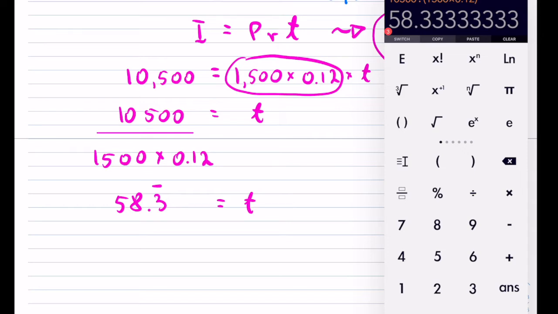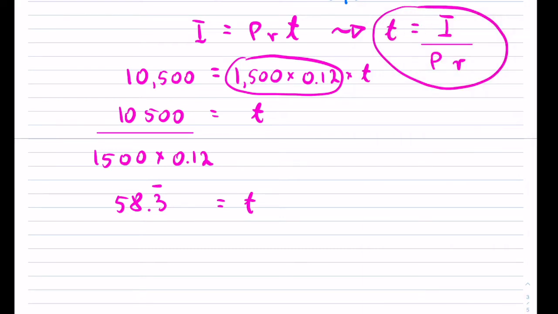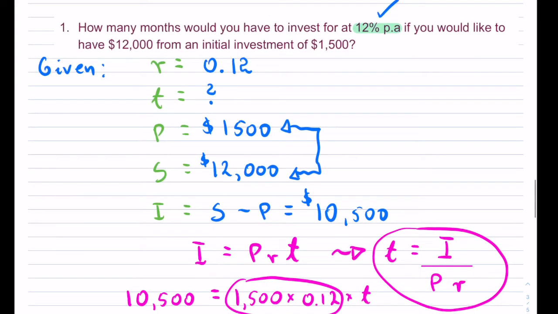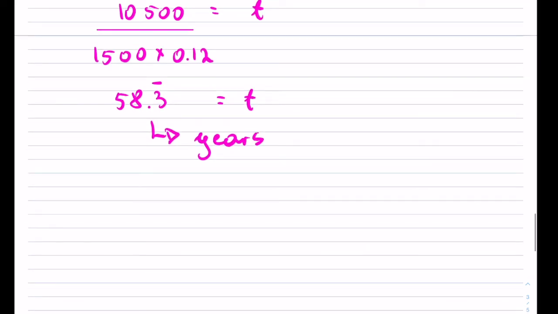All right, so this is what we have. Now, the crazy part is this is years. This is all years. So for this example, how many months would you have to invest for at 12% to make it grow that large? Simple interest is just not going to cut it.